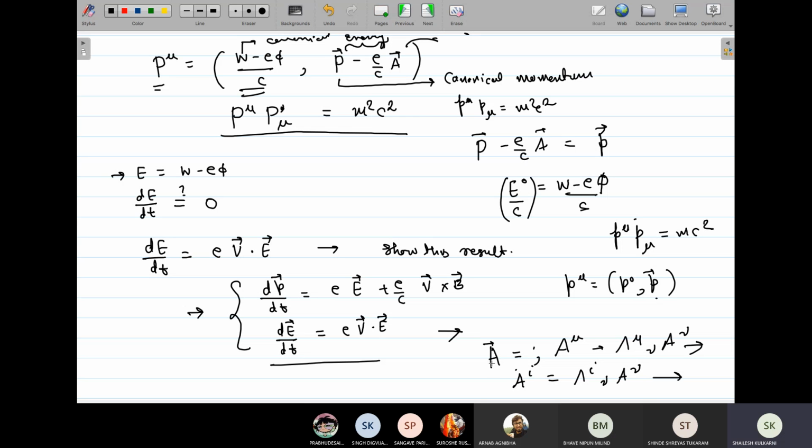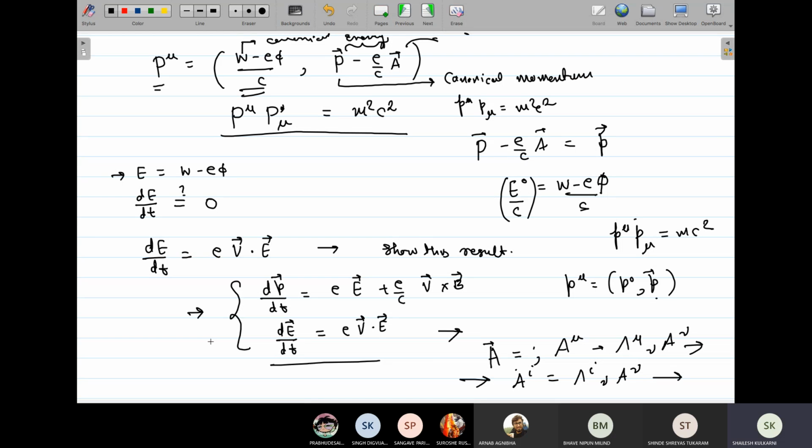Any vector will transform under Lorentz transformation like this. So these are not covariant equations, in the sense that it's not a relation between 4 vectors or 4 tensors.